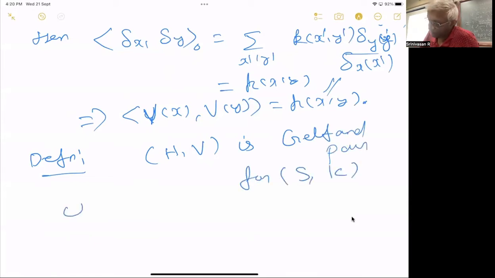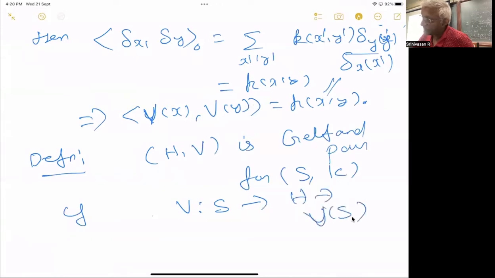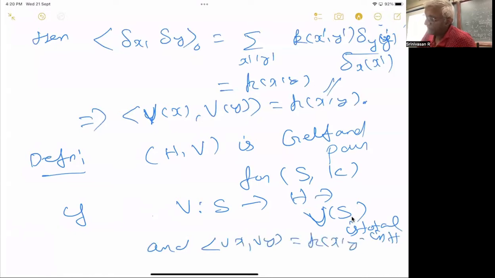If you have a V from S to H such that V of S is total in H, and Vx, Vy equals Kxy.